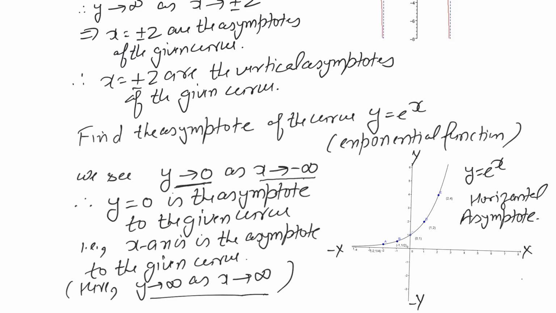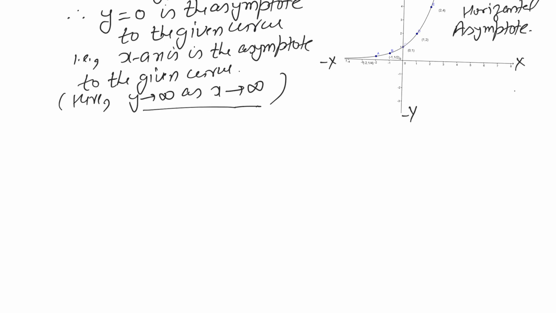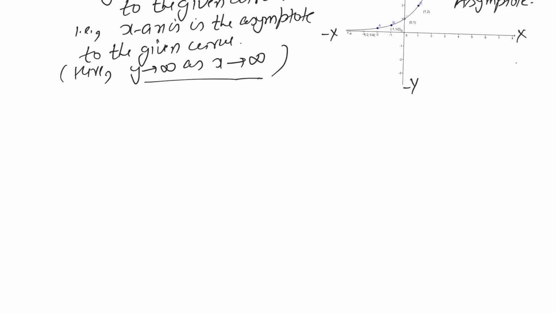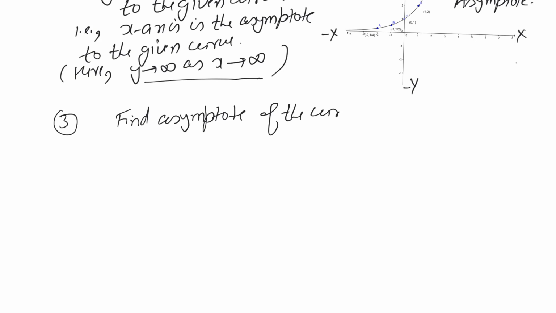Next, we find the asymptote of the third curve, and question is find asymptote of the curve y is equal to log x. So this can be written as e raised to the power y is equal to x.